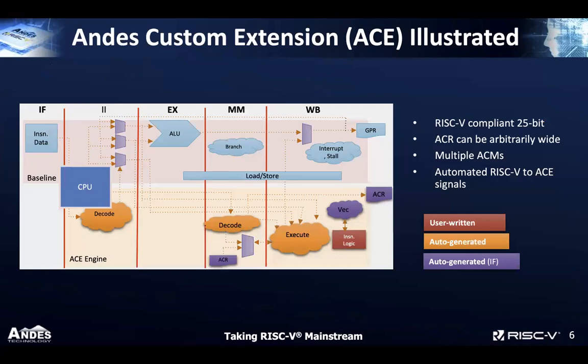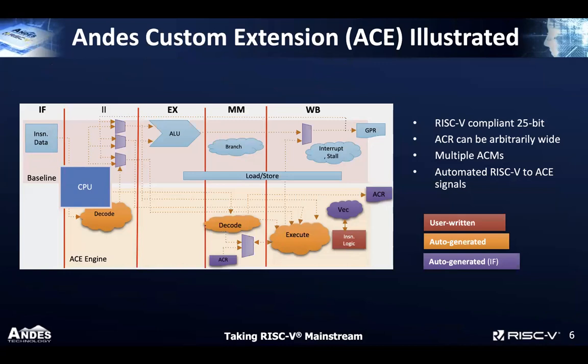So what does this look like at a high level in a processor? Well, think of the top graph as my scalar CPU. So there's instruction fetch, decode, execute, memory access, and write back, a classic pipeline.